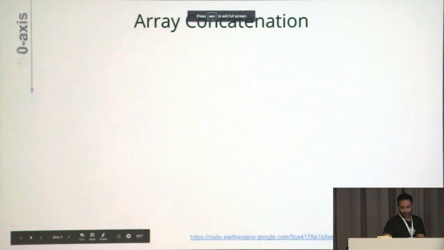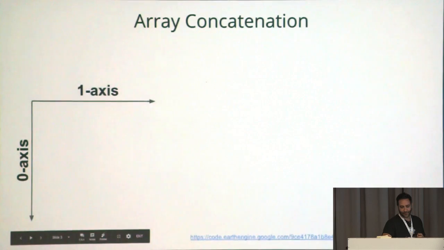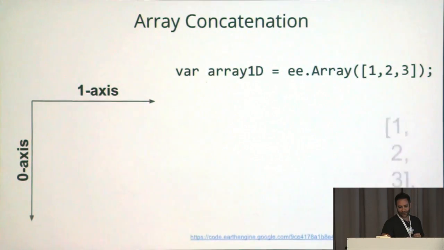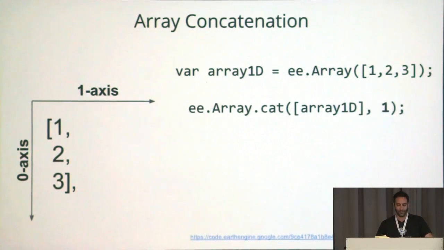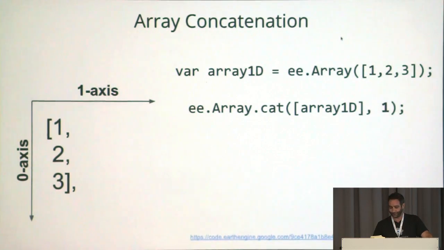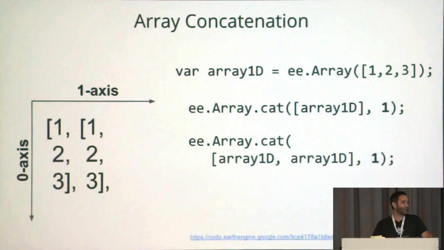We are going to concatenate arrays. There's our 0 axis. There's our 1 axis. I can take a 1D thing, but Earth Engine doesn't know its direction, so I slap it in along the 1 axis. That's the second argument to array.cat. And I can keep doing this, and that's what we just did with those end members.